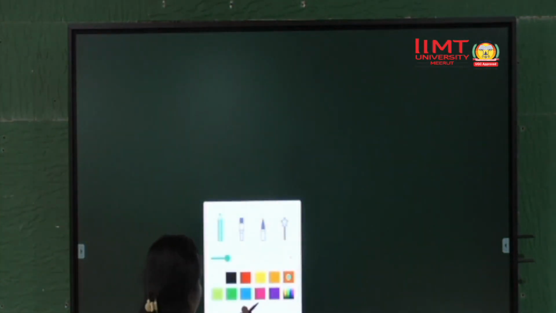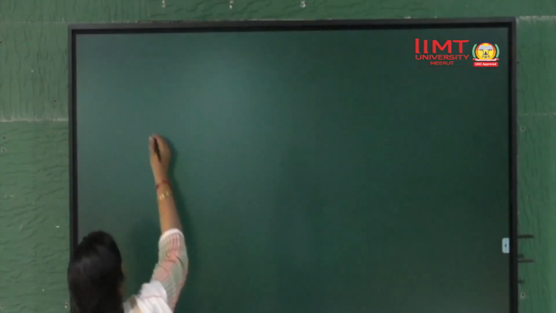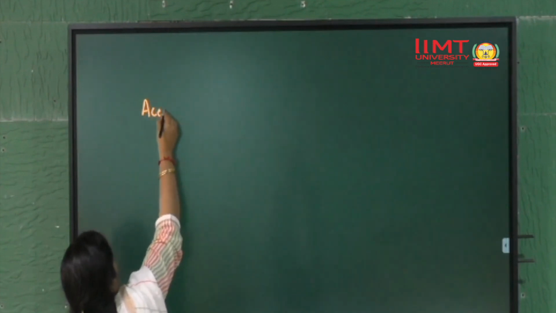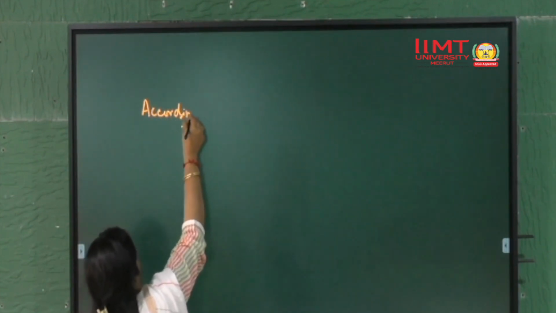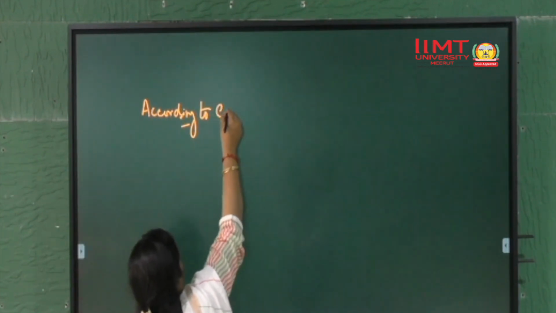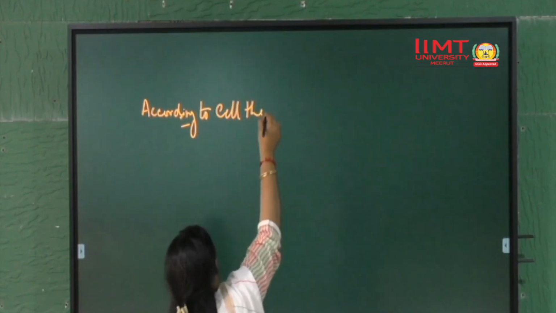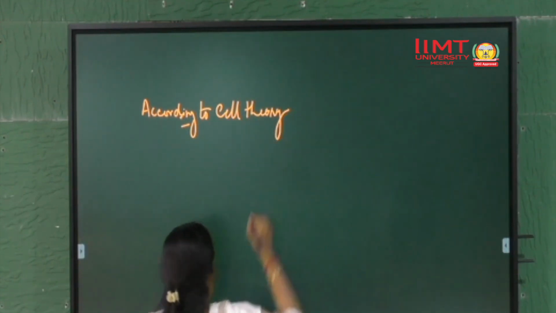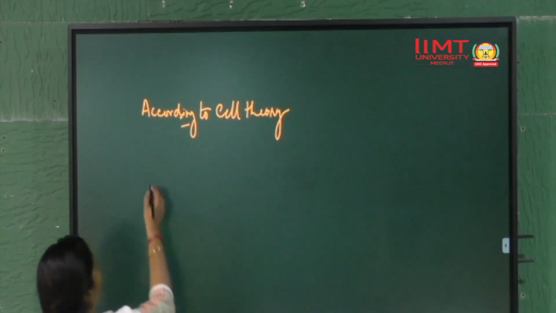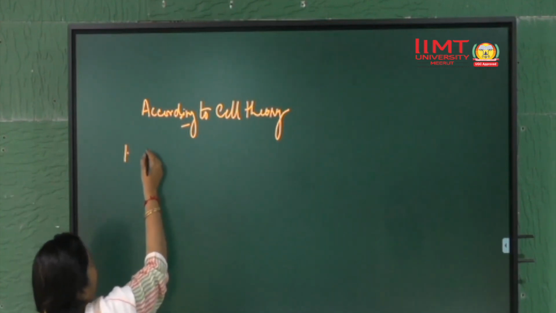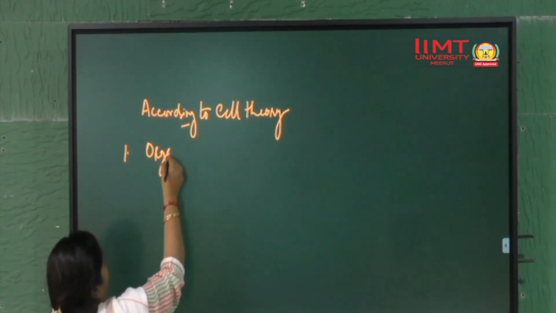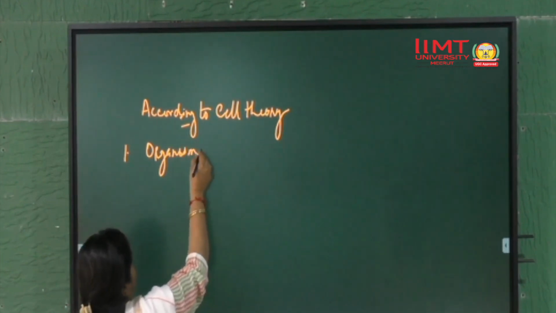So today we are going to discuss the types of cells, how many types of cells are found. According to cell theory, we read that all the organisms are made up of cells.